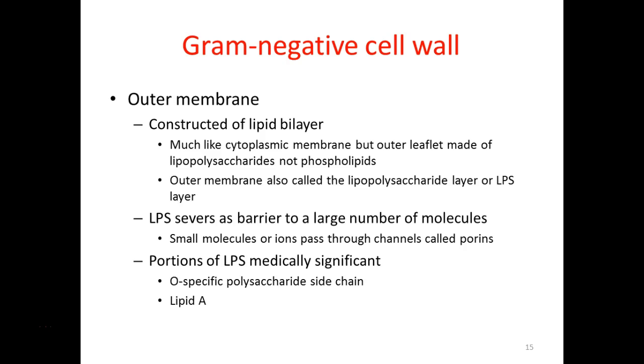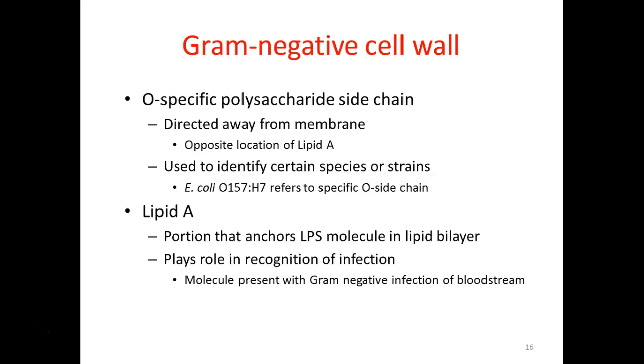And then, of course, there's the lipid component that comes down, the fatty acids, that interacts and helps form that bilayer of the outer membrane. So the O-specific, and again, remember, these are sticking out. All these sugars are sticking out, and may even be the outermost covering of this bacteria.